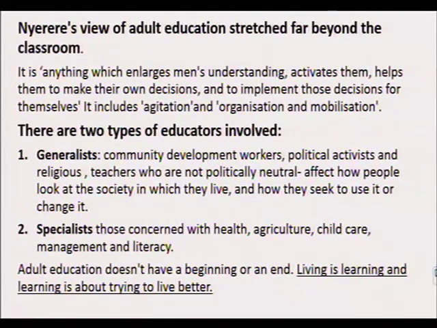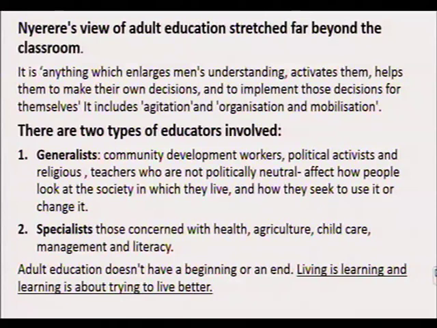He believed that there were two types of educators that were involved in education. First of all, there were the generalists, which were the community development workers, the political activists, and religious teachers who are not politically neutral. And these people affected how people look at society, the society in which they live, and how they seek to use it or change it.